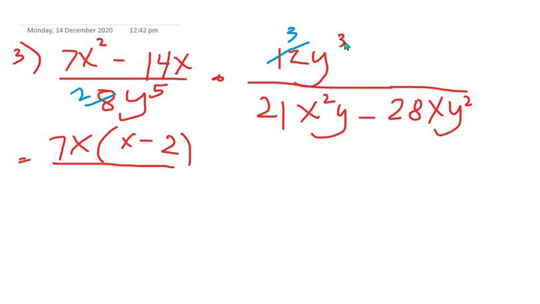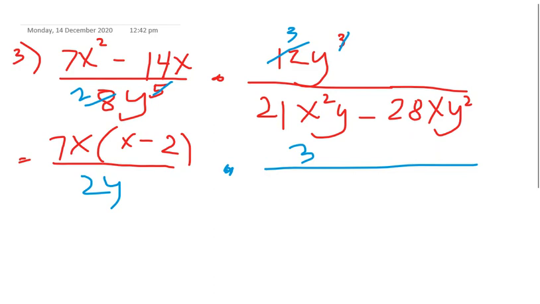So this is now 3 over 21x squared y minus 28xy squared. The common factor is 7xy.